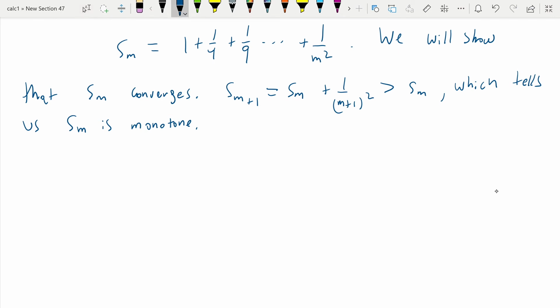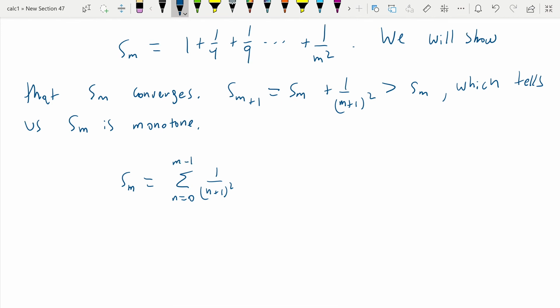So S_m is the sum, and I'm going to write it in this way, just to make something easier to write, over n equals 0 to m minus 1. So when n is equal to 0, you have 1 over 1, which is the first term, and when n is equal to m minus 1, you have 1 over m squared.